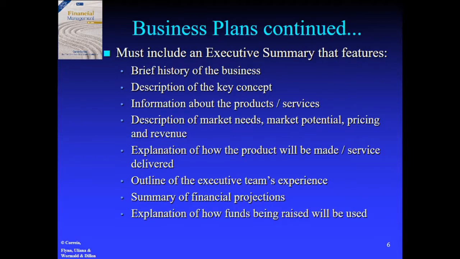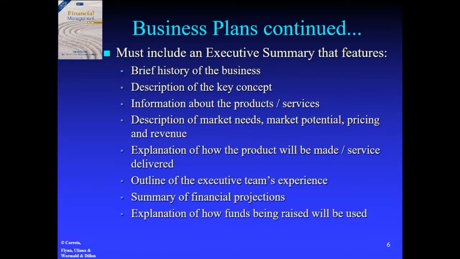So a business plan should include an executive summary that features the various information types. In this executive summary, information should be covered, such as the brief history of the business. There must also be a description of the key concepts and unique offering that the business offers.